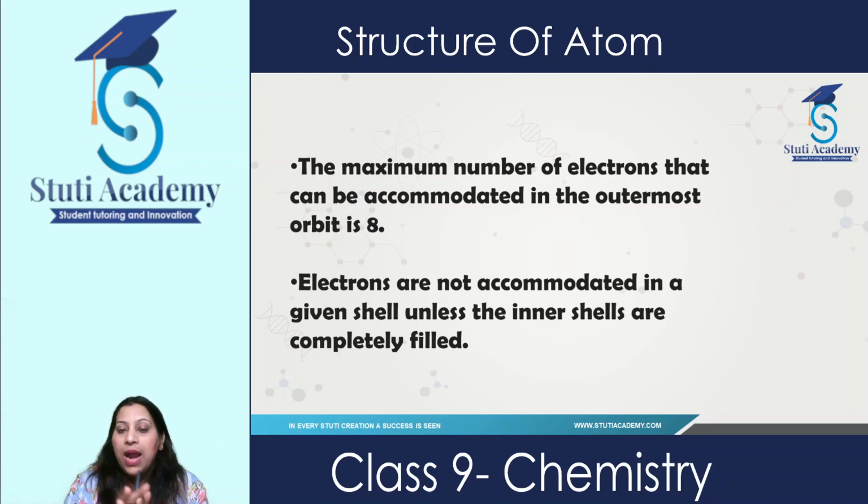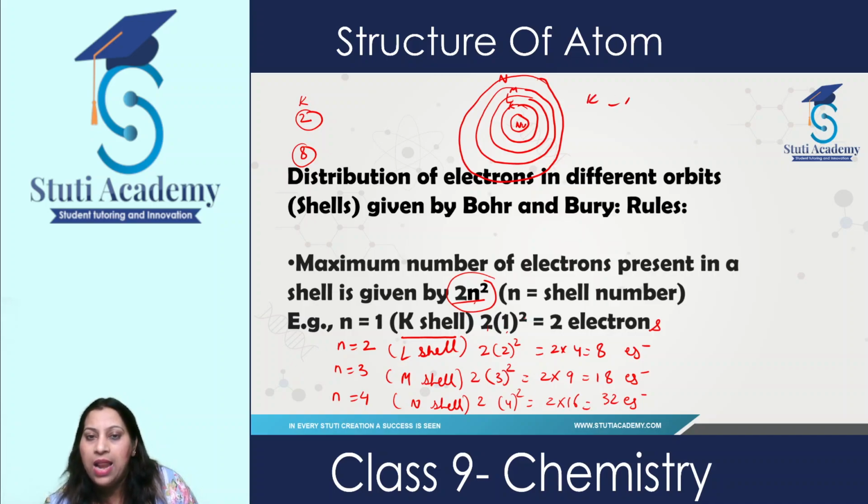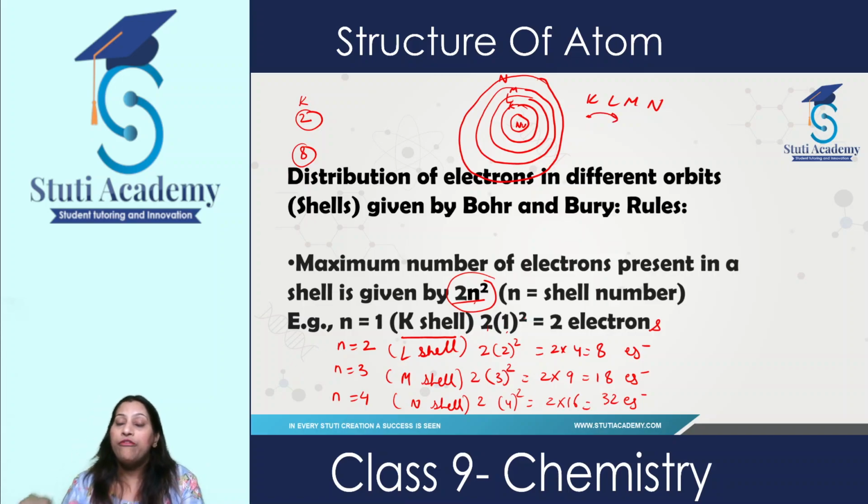Okay. And electrons are not accommodated in a given shell unless the inner shells are completely filled. It means first we have to fill the previous shell. For example, we have K, L, M and N. First we need to complete the K shell, and once it is completely filled, only then will we add electrons in the other shell.